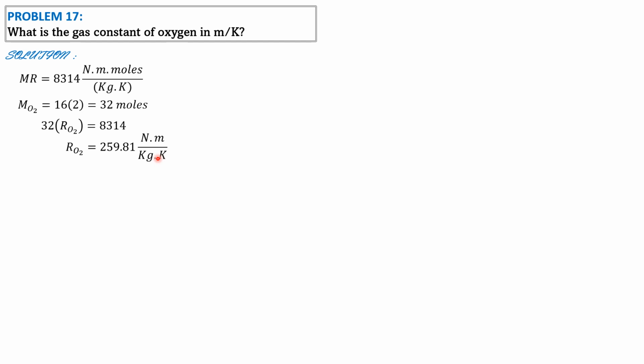And 1 kilogram is 9.81 newtons. So the gas constant of oxygen is 259.81 Newton meter divided by 9.81 newtons Kelvin. So obviously the unit is now meter per Kelvin, and that is equal to 26.48 meter per Kelvin.